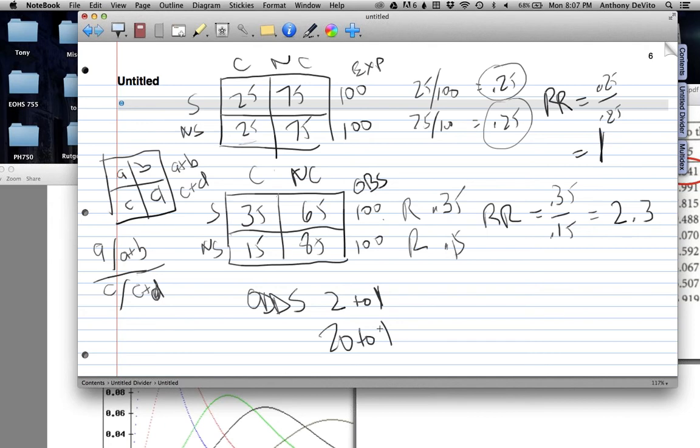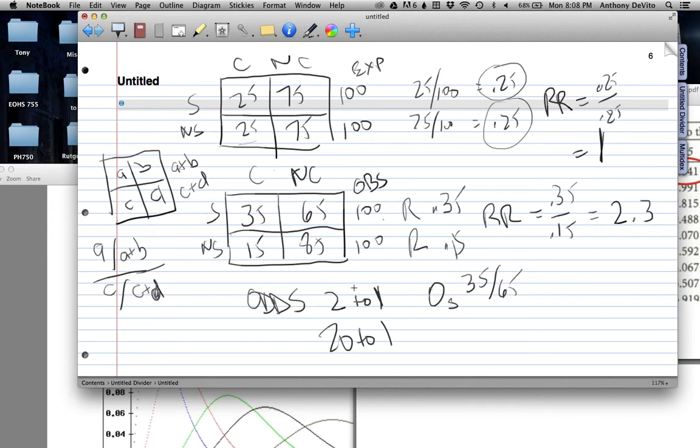That's how odds work. So if I look at this box, my observed values, what would be the odds of having a cough if you were a smoker? Well, the odds, if you're a smoker, is 35 over 65, right? The number of times out of 100 that you would have a cough over the number of times that you wouldn't have a cough.